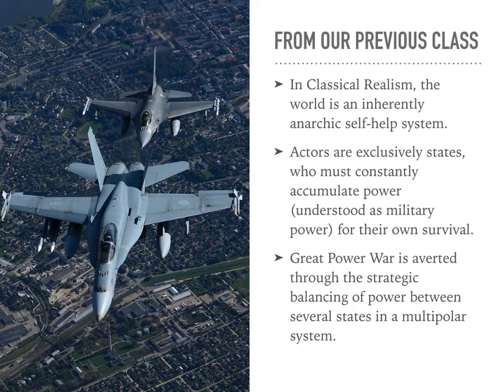But we know what happens after World War II. You don't revert back to a multipolar system. Instead, we get the Cold War. And the Cold War is a world that is not multipolar. We don't think of a large number of equally powerful states in the Cold War. That's not an accurate reflection of what the Cold War was.